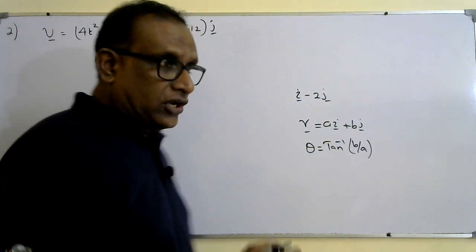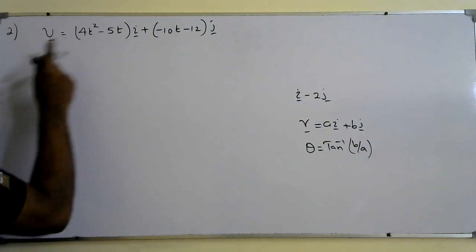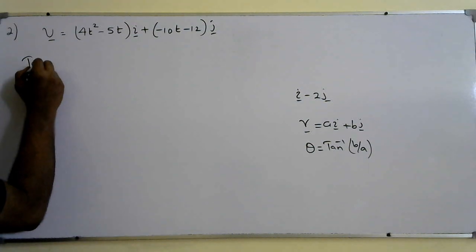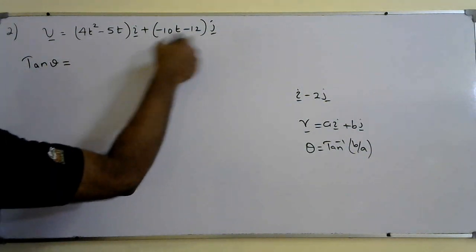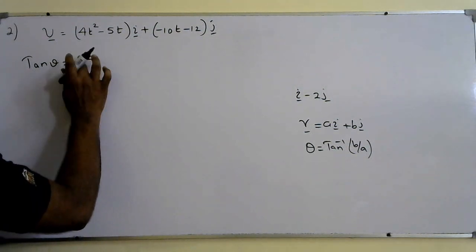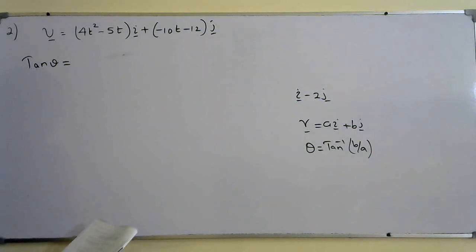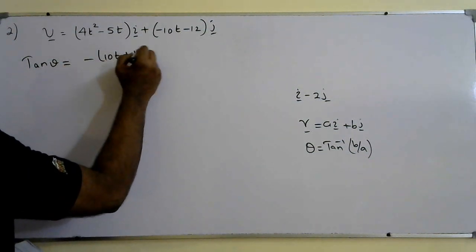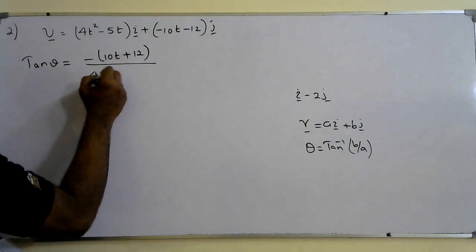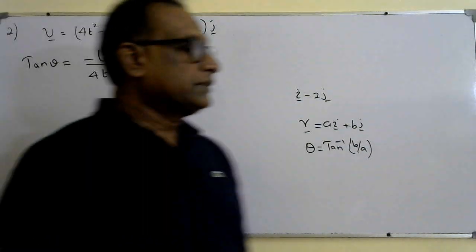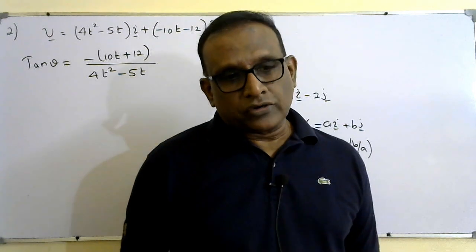So for the velocity vector, tan theta is equal to the j component, we don't need to consider the minus sign here, we just think about the magnitude, that is minus 10t plus 12 over 4t squared minus 5t, minus 10t plus 12 over 4t squared minus 5.